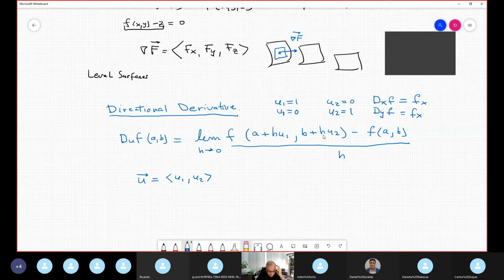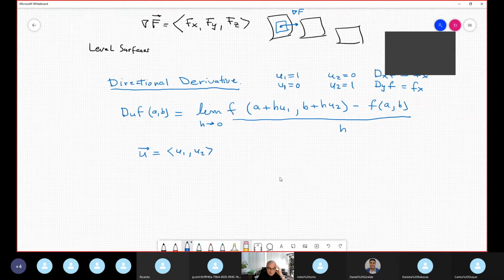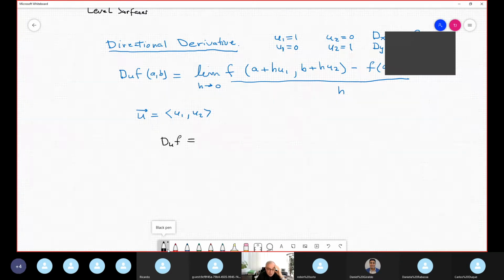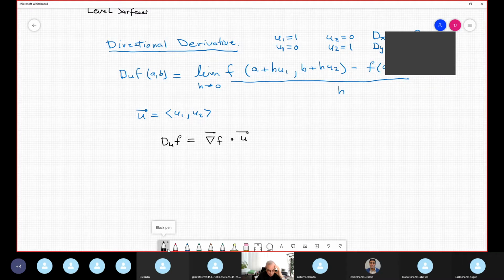The practical formula is that the directional derivative, so the derivative in any direction of the function f, is equal to the dot product between the gradient and the unit vector, the direction in which you want to find the derivative. So I want to find the derivative in the direction defined by the unit vector u1, u2.